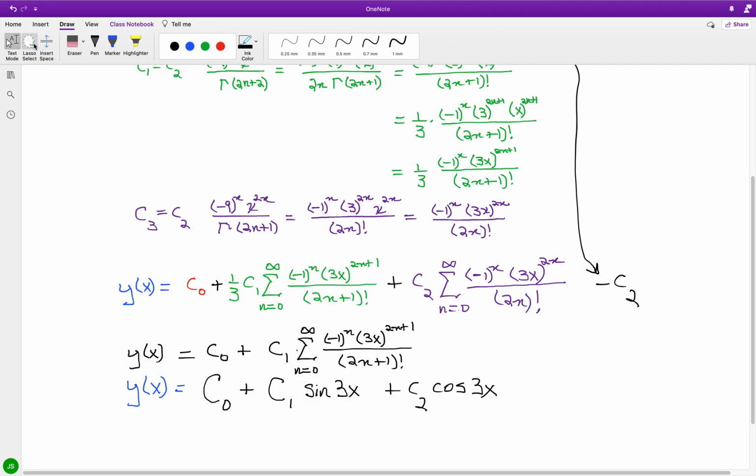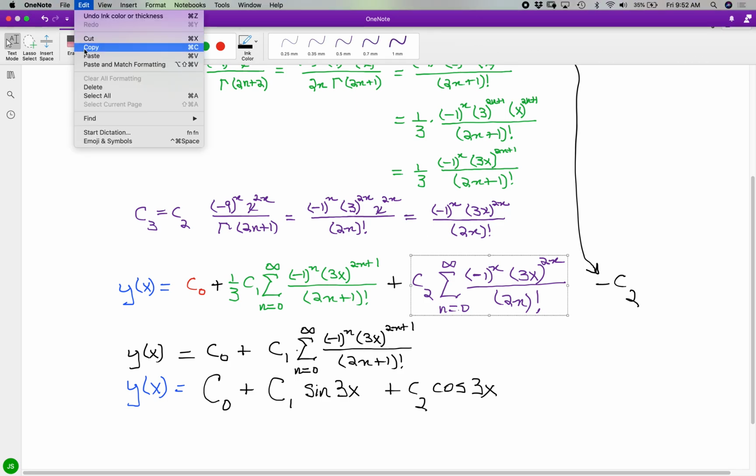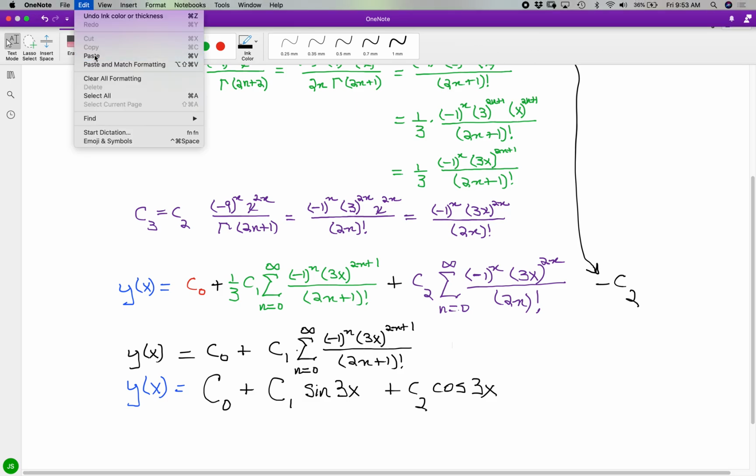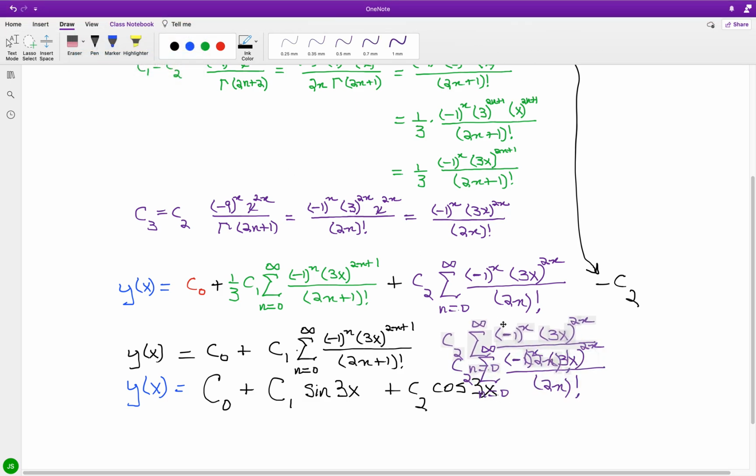So you can write your summation solution in this particular context, and for the functions in explicit form, still general, we have y of x equal to C0 plus C1 sine of 3x plus C2 times the cosine of 3x.